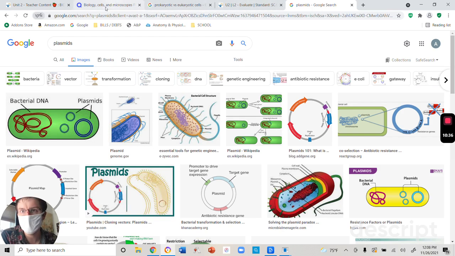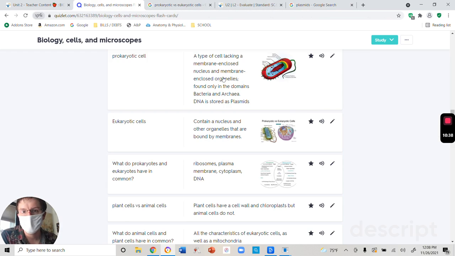All right. So those are the critical differences between prokaryotic and eukaryotic cells. Prokaryotic cells have their DNA stored as plasmids. Prokaryotic cells do not have a nucleus. Their organelles are not membrane bound. And the two types of prokaryotes are bacteria and archaea. All right.